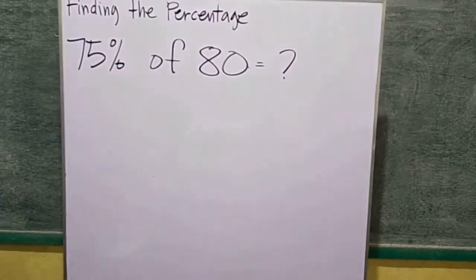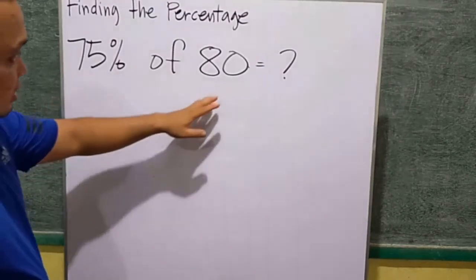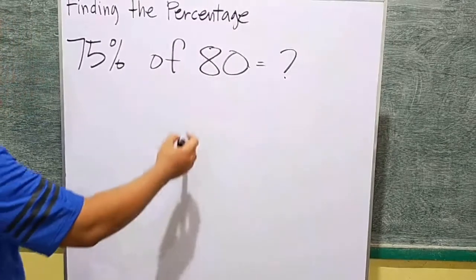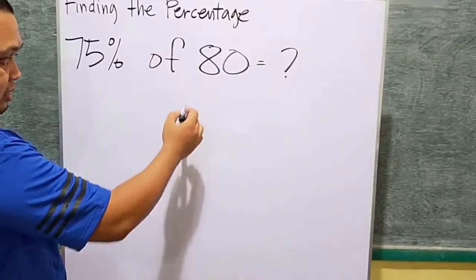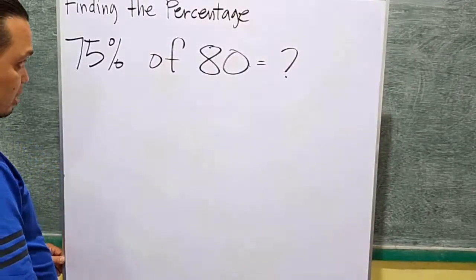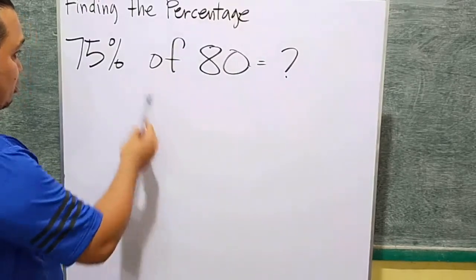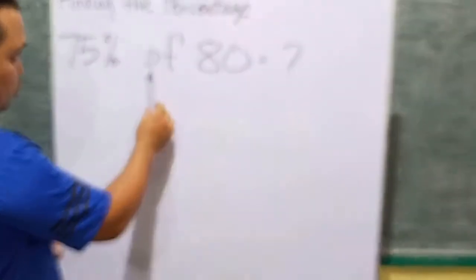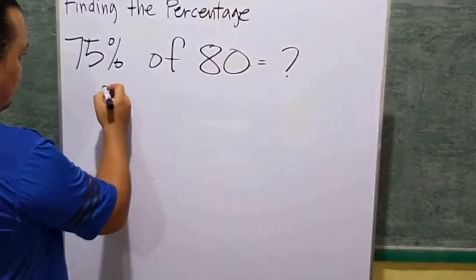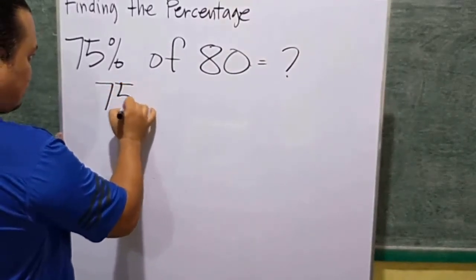So we are looking for the percentage. This is the rate, this is the base. Now in our Tech-Ans triangle, P is rate times the base, meaning all we need to do is multiply the rate by the base. So this is what it's going to look like.